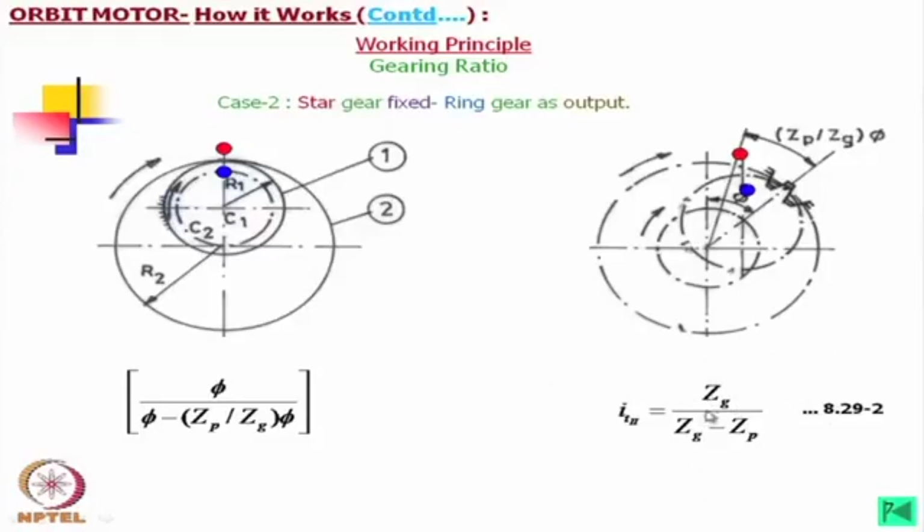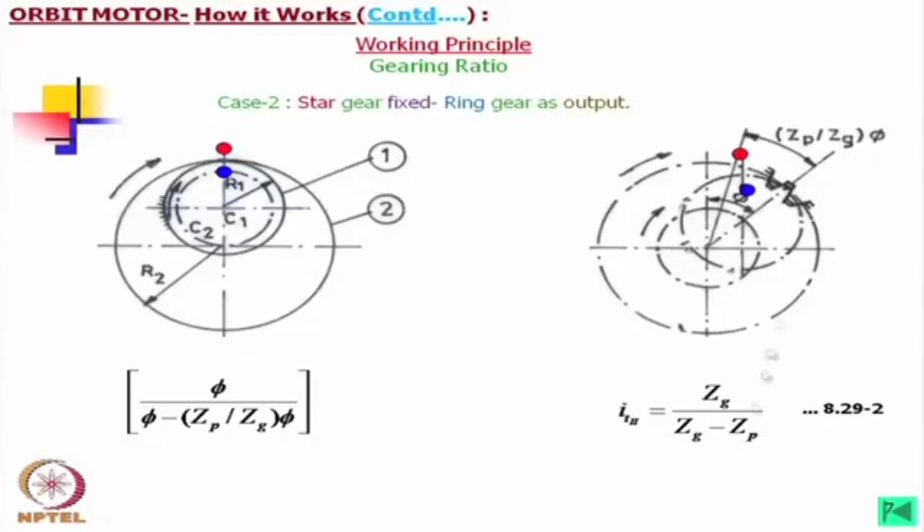In this case, what we find is that the numerator is the number of lobes or number of teeth of the outer ring, and the denominator is the difference. In the case of an orbit motor, you find that the difference is always 1. So, if this is 7, this transmission ratio will be directly 7. Okay.